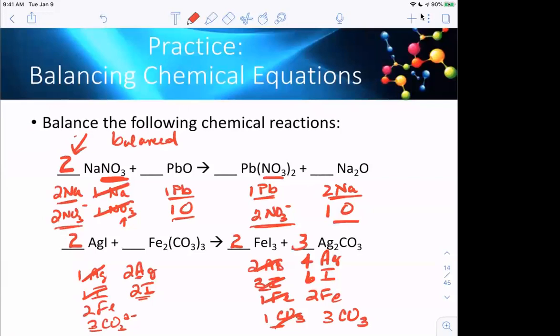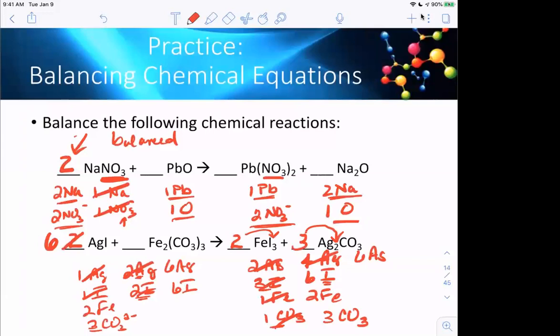So can I fix this? Yes. If I have a 6 and I replace that 2, that gives me 6 silvers and 6 iodides. That gives me 6 silvers from this 3 times the 2, and I have 2 times the 3, that gives me 6 iodides.